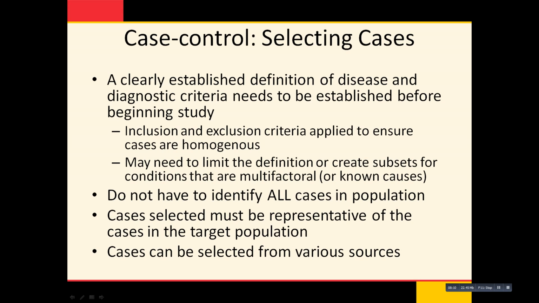So again, it's very important to define the disease or the diagnostic criteria, and when you're evaluating studies, to ensure that that is really an accurate way that we would know that that person had the disease. You don't have to identify all the cases. The cases must be representative of the cases in the target population, and the cases that are selected can be from various sources.